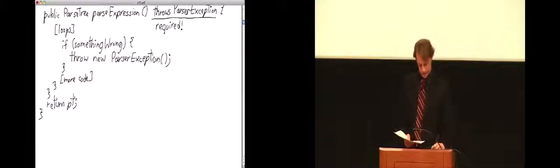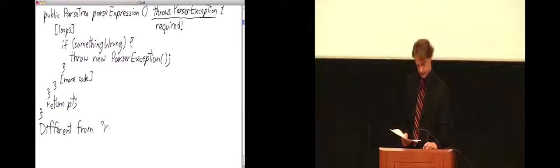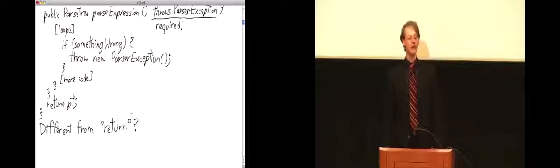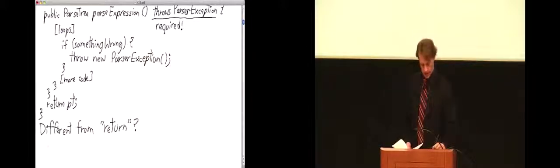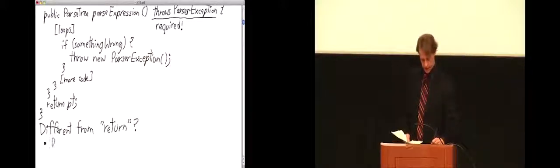So now that we've seen what a throw looks like, you might ask, how is this different from return? Why couldn't we just use the return keyword? There are a couple of reasons. One reason is that we don't have to return anything when we throw an exception.